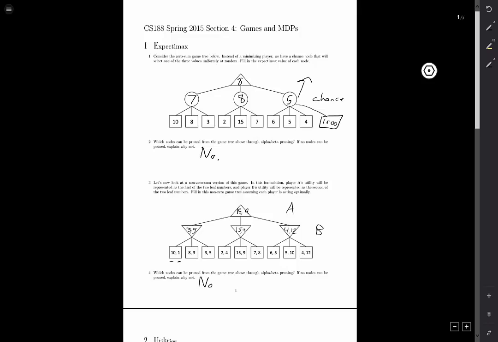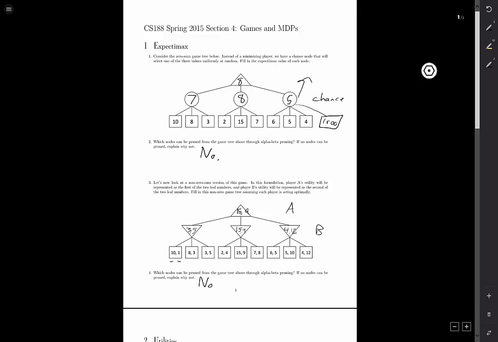Now, if I'm going to the right tree, the only way I could prune anything and ignore any state would be if I know that player B would choose an action that would hurt player A. As in, player A would never go down this right branch.